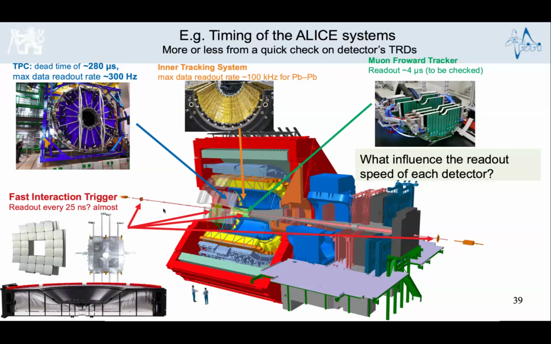And I was about to say the position from the interaction point, but it's not influencing the readout speed of the detector, but the speed of the decision making of the trigger. But yes.